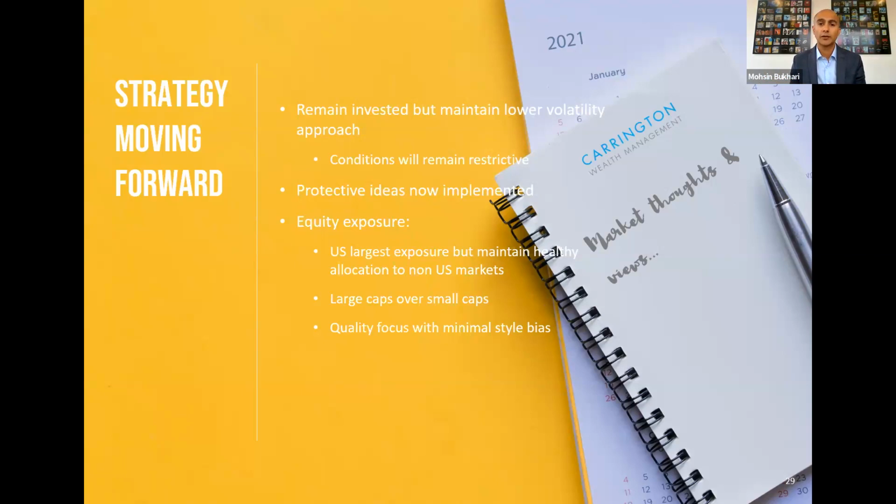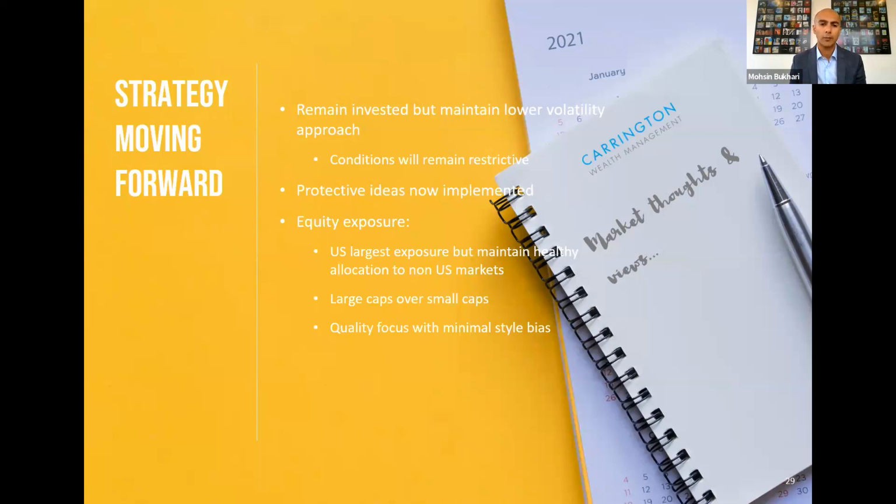We are still focusing on large companies over small companies. We think, again, with restrictive policy, lending conditions are very, very tight at the moment. So a lot of smaller companies are going to struggle to find finance unless they go to the private markets. And large caps, or larger companies, have seen these environments time and again for many, many decades, or even longer.